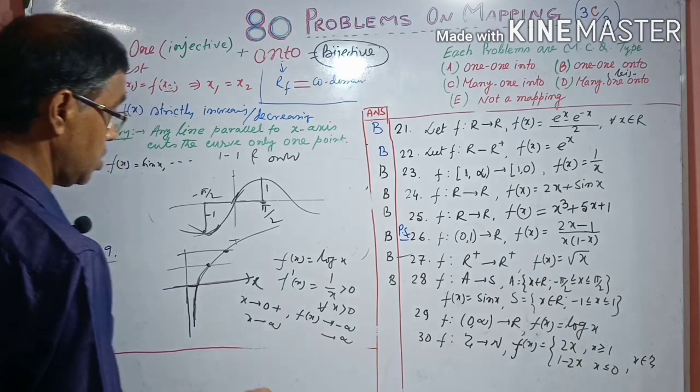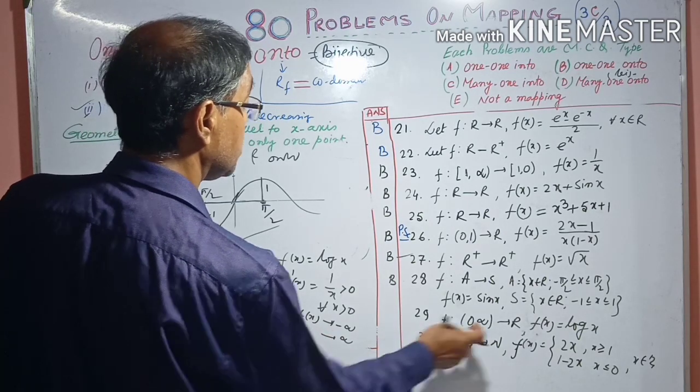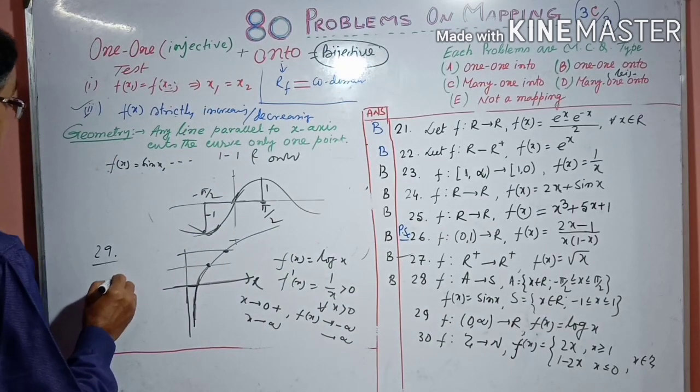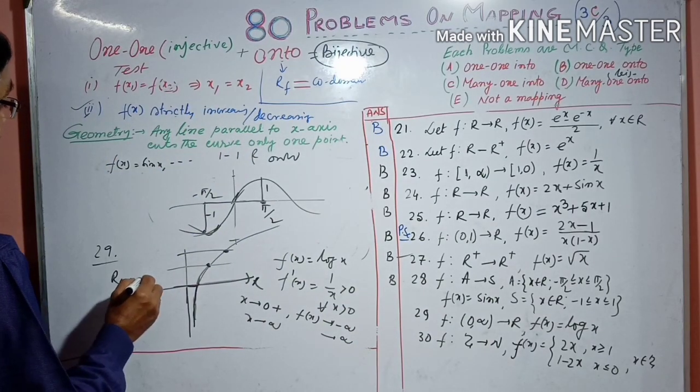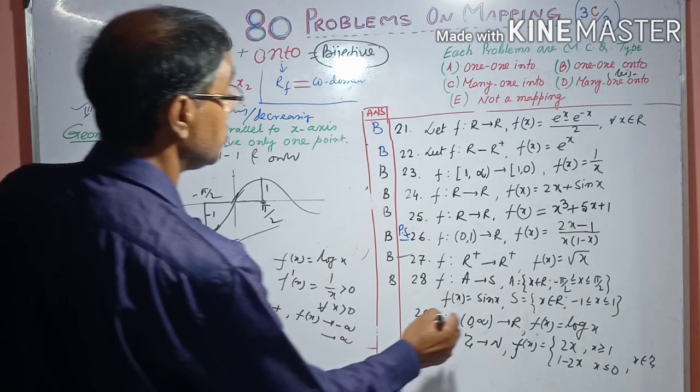So the range of the function is R, equal to the codomain. Therefore it is also bijective mapping.